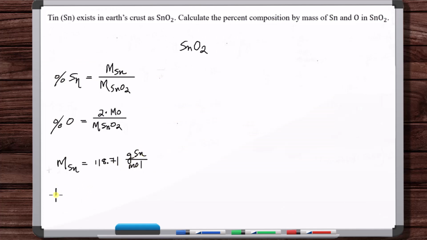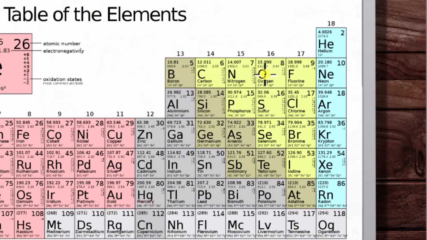What is the molar mass of oxygen? 15.999.